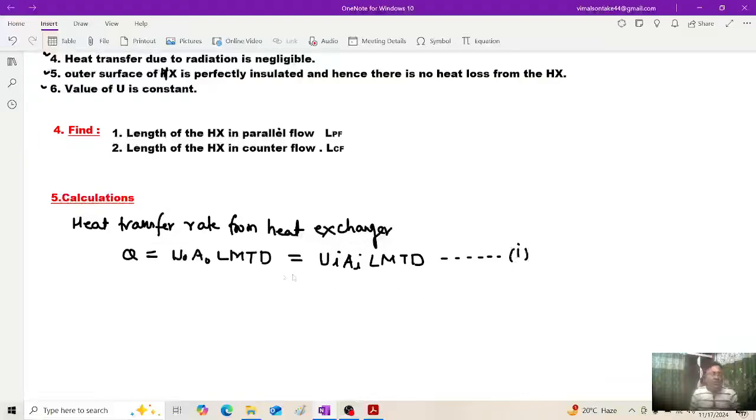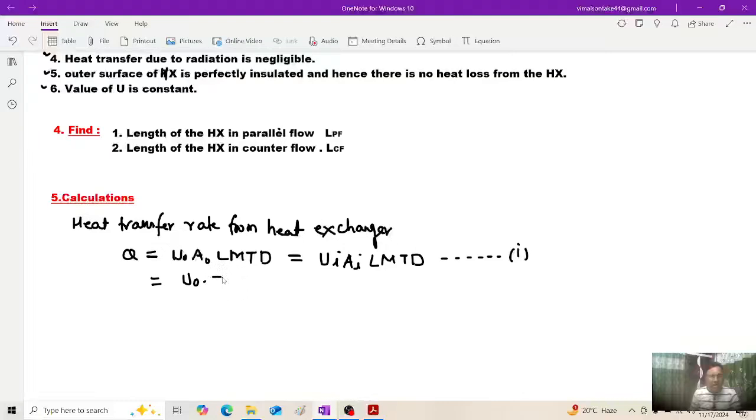Now this expression for LMTD can be used depending upon whether it is a parallel flow or counter flow heat exchanger. If I further simplify it, since I am supposed to calculate the length of the heat exchanger, AO is nothing but the area of the heat exchanger on outside radius basis.